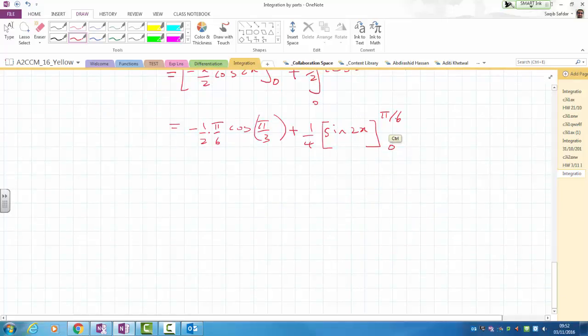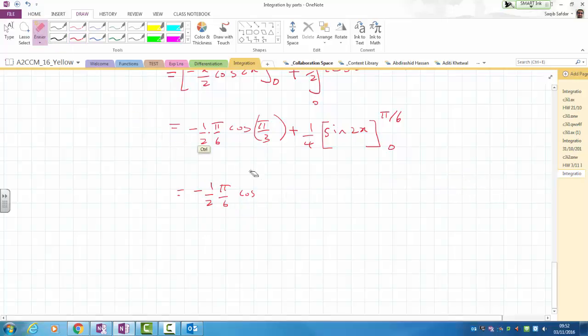If we then substitute again, the sine of 0 is simply 0, so that gives us minus a half, pi over 6, cos pi over 3.